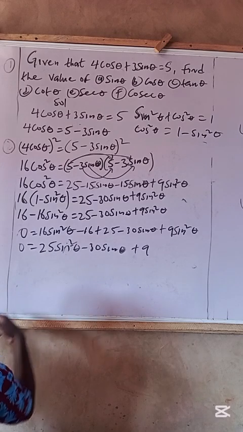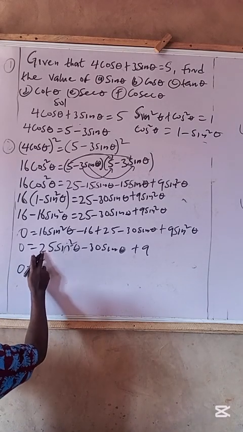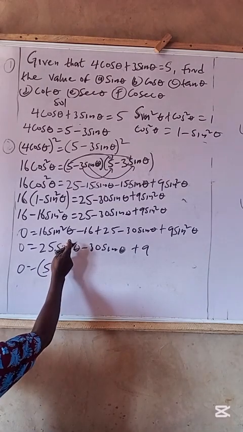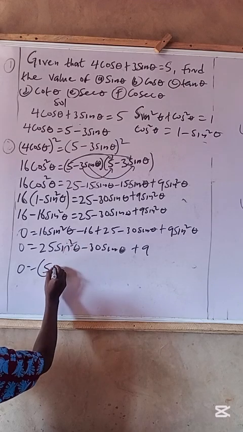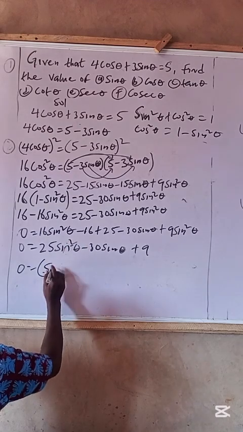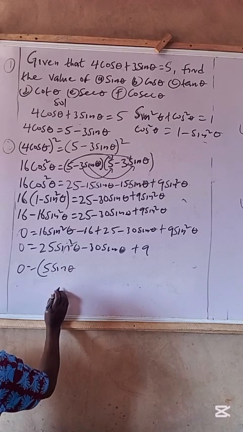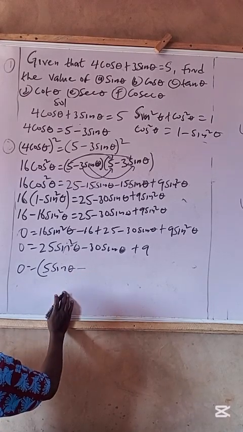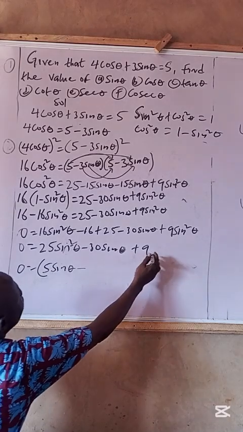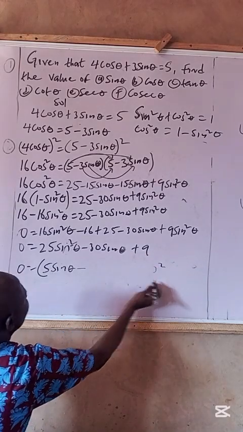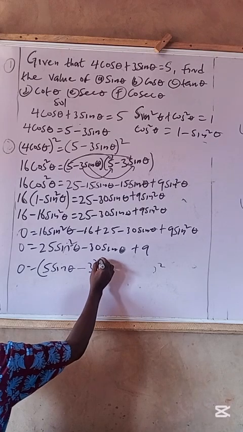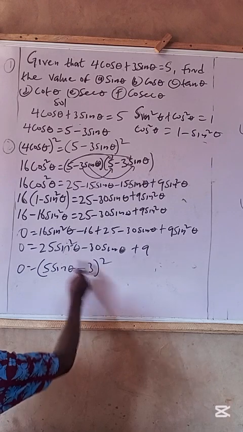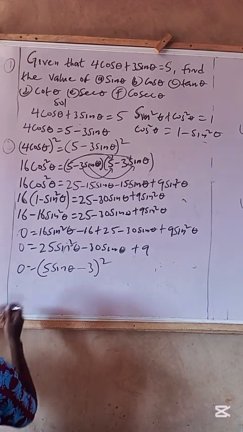The square root of 25 is 5. The square root of sin square theta is sin theta alone. Then we have minus, and you know 9 is 3 square, so you write 3 and square here. Even if you expand this, you get this one back.